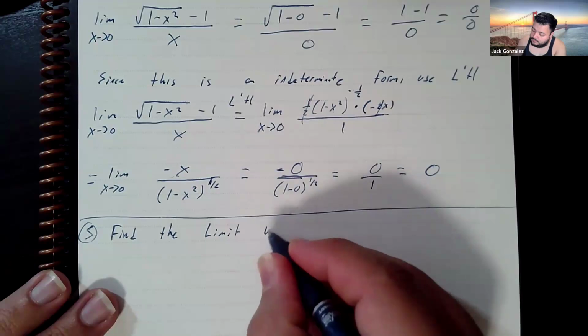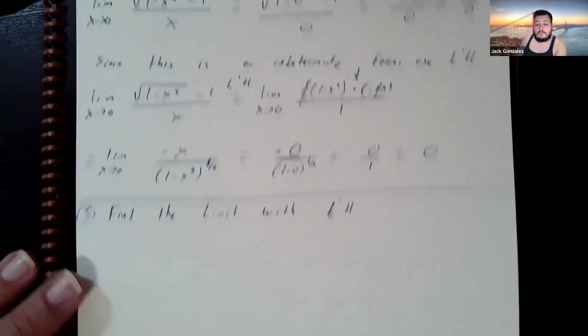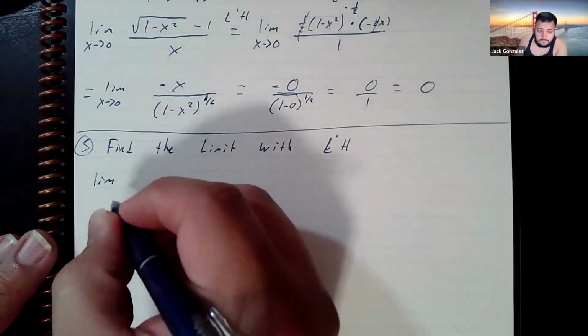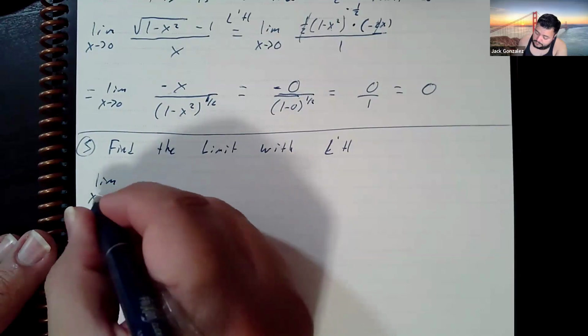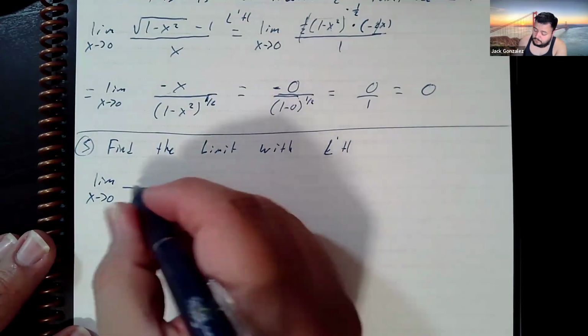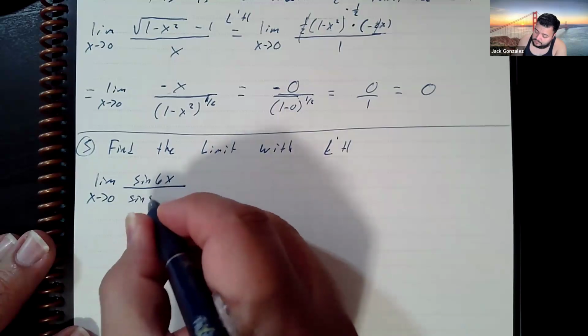Find the limit with L'Hopital. Shorten this up. So the limit as x approaches 0 of sine 6x over sine 5x.